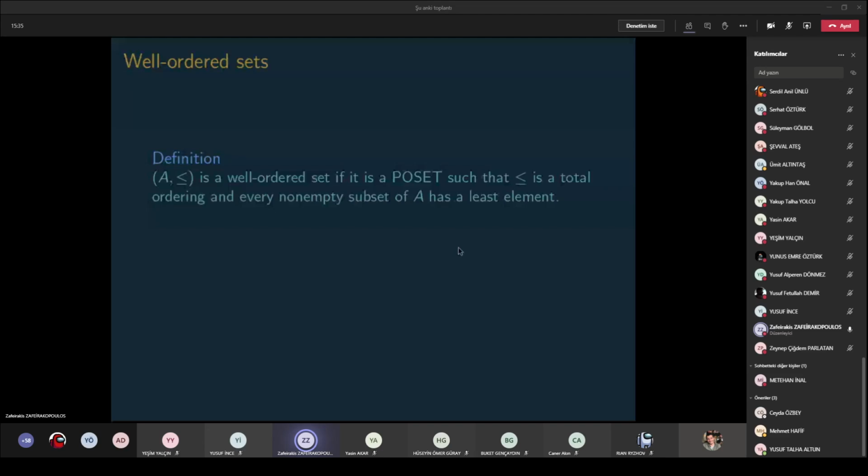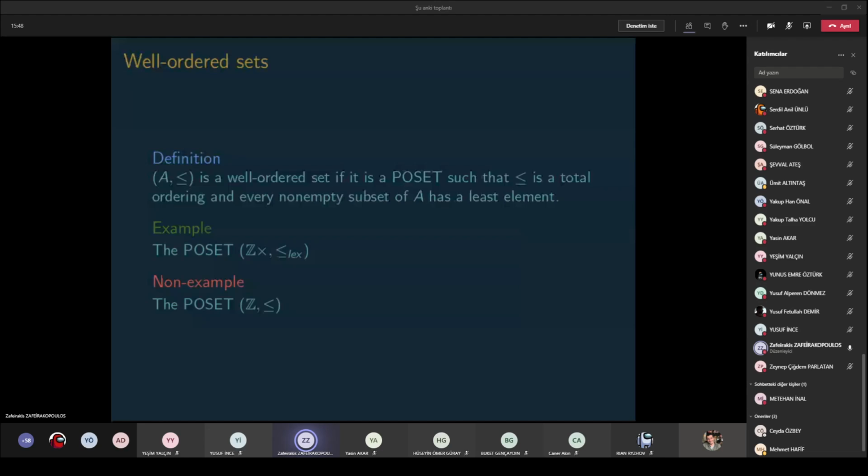So if we take a subset A, then it has a smallest element. Sorry, this should be Z. I take the Cartesian product and I order it by lexicographic ordering.